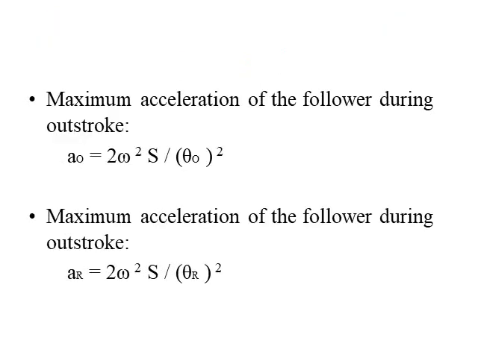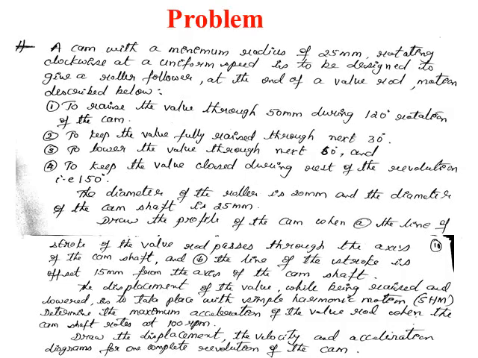In the same way, to calculate the acceleration, it is given as a naught, that is the maximum acceleration during outstroke, 2 omega square s by theta naught square, and also the maximum acceleration of the follower during return stroke, ar equals 2 omega square s by theta r square. So these formulas have to be remembered to calculate the acceleration and velocity.